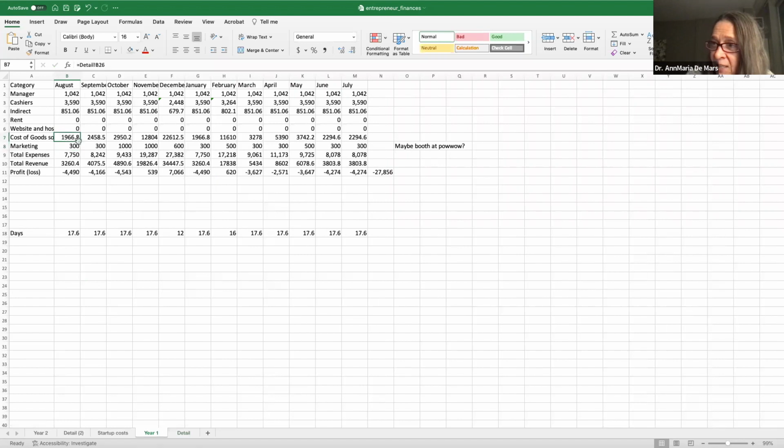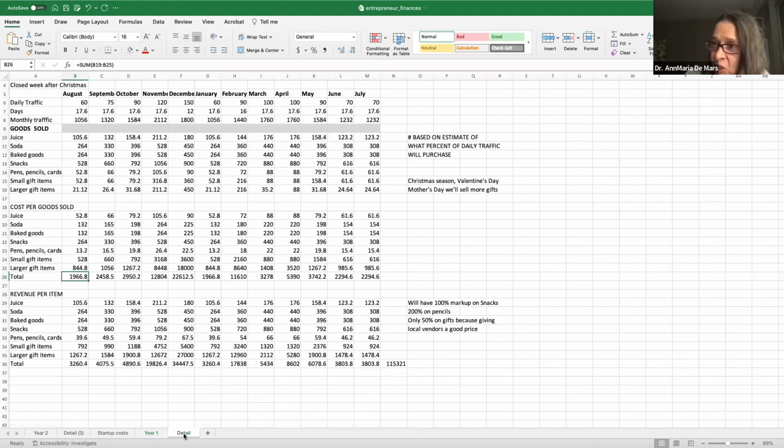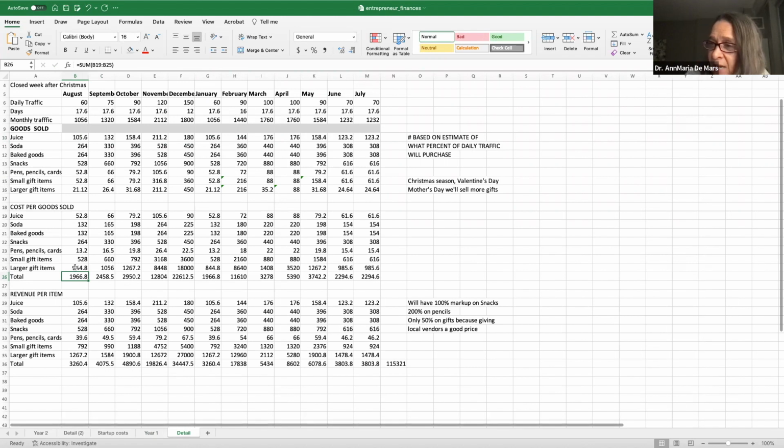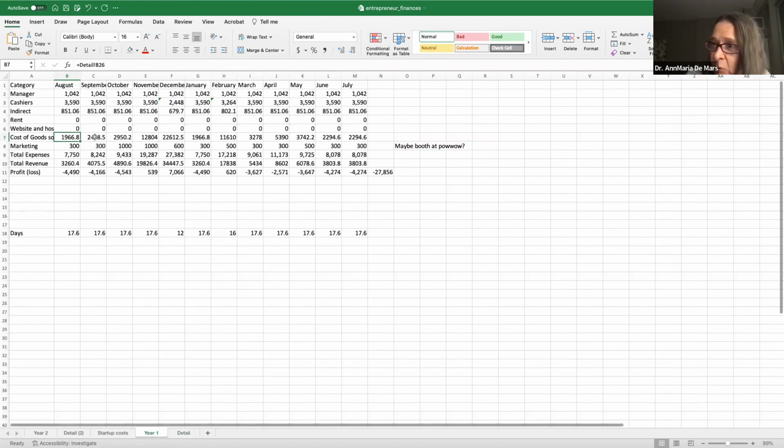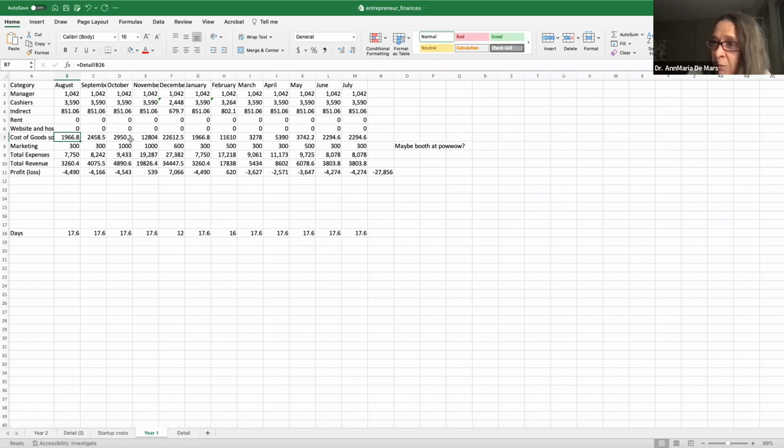And then if I click here and drag that across, it's relative, right? So this says go to the detail page and find row 26, the second column. In the next page, it'll go to the third column, the fourth column and so on.